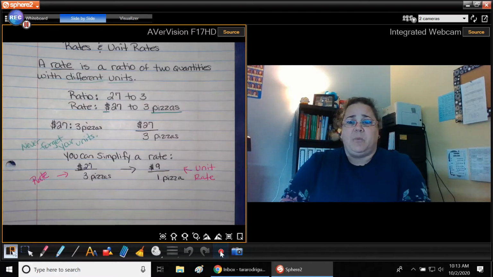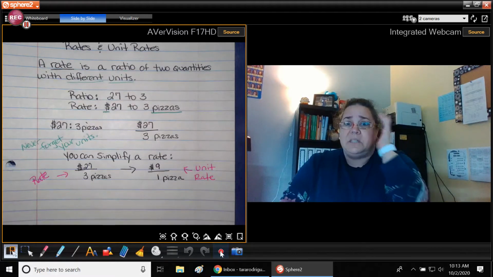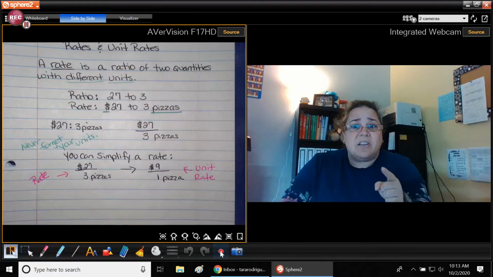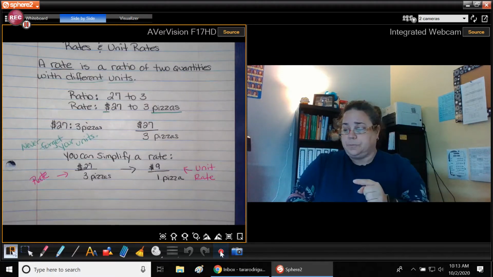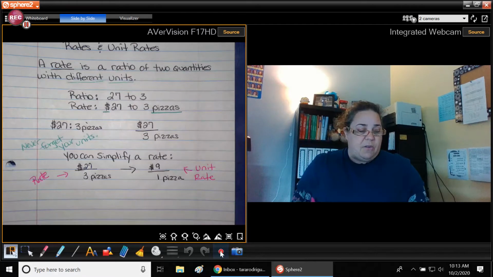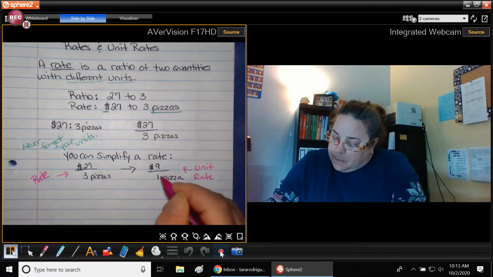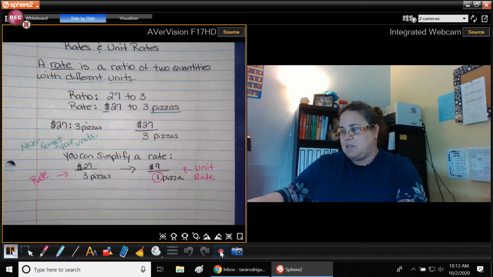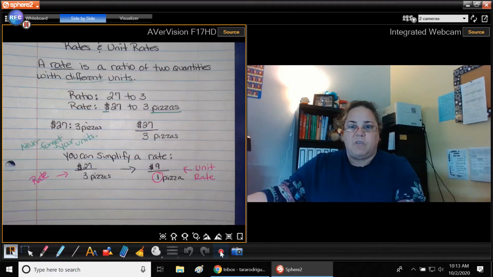And this is a big one. When you go to 7th grade, you got to understand unit rate. Oh my gosh, Miss Gibson will kill me if you don't understand unit rate. So pay attention here. Here's what makes it a unit rate. What makes it a unit rate is this magic number right here. That's the magic number that makes it a unit rate.